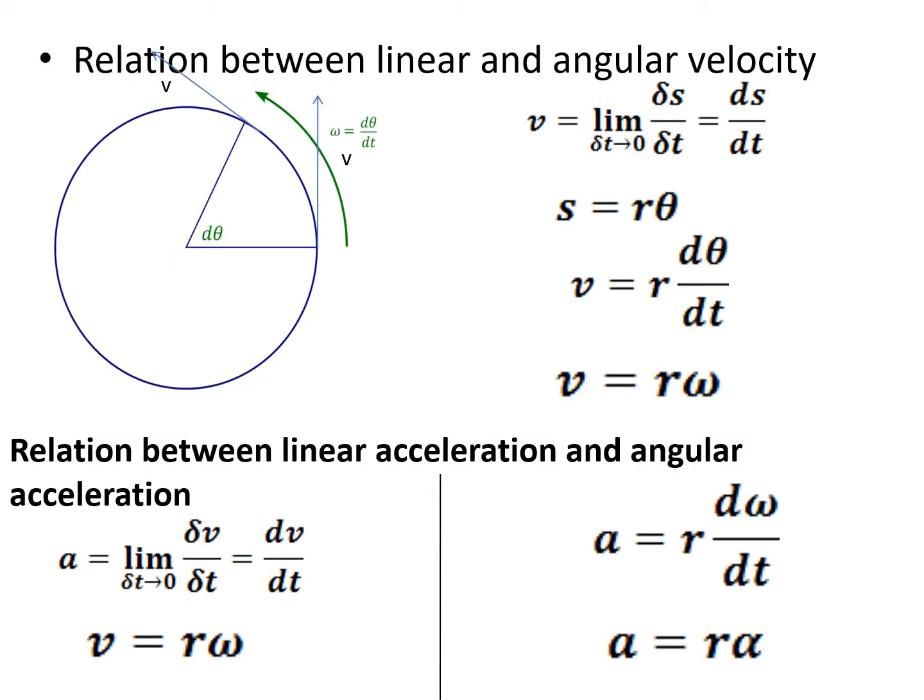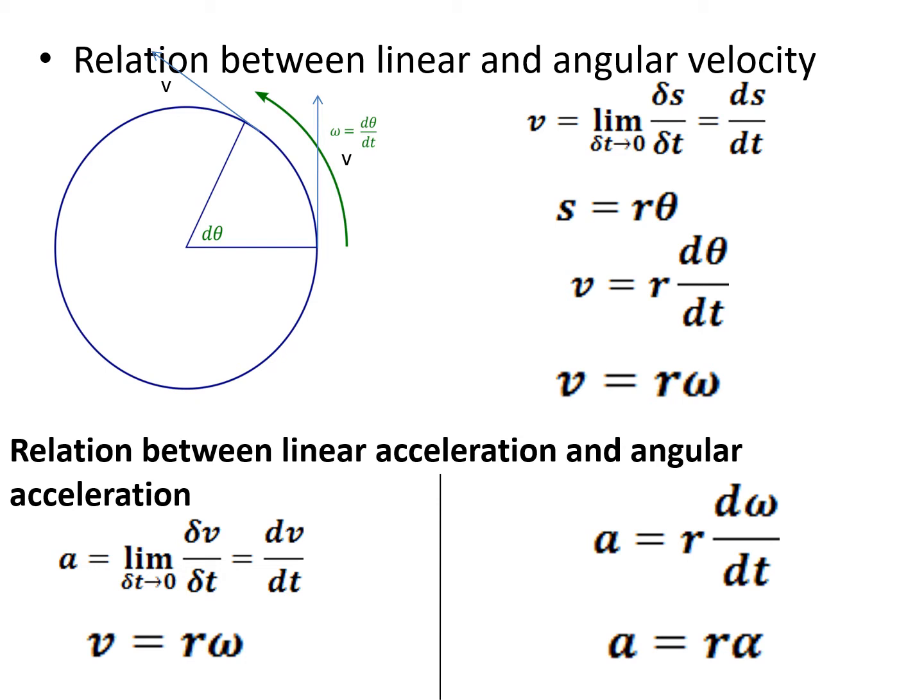Let us see what is the relation between linear and angular velocity. The instantaneous linear velocity v is equal to the limit as delta t tends to 0 of delta s upon delta t, and at this limiting value, we get the instantaneous linear velocity as ds upon dt. Substituting the relation between linear displacement and angular displacement as s equals r theta, we get v is equal to r omega.